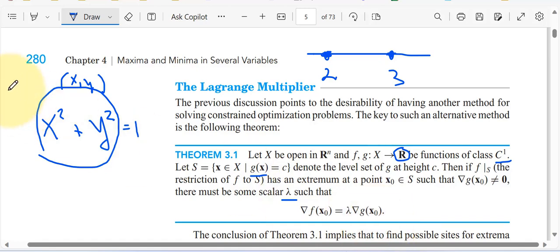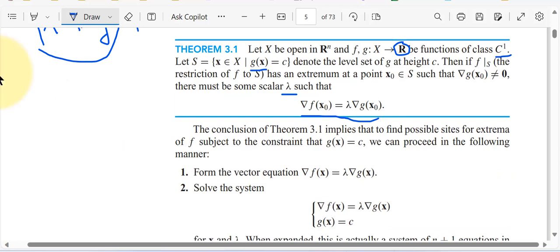We said that if there's a place where the minimum or maximum occurs, then the gradient of f will be a scalar multiple of the gradient of g at that important point. In other words, that important point is where the f function is a minimum or a maximum subject to the constraint. So at that point, this will happen. We saw that visually, and she's stating it here, and I'm not sure that she even proves it, at least not right now. At least we gave some sort of visual understanding of it.